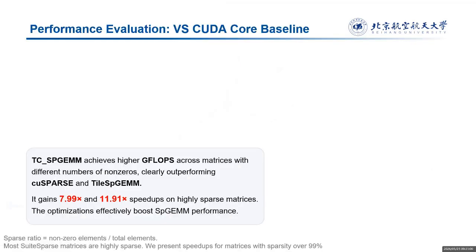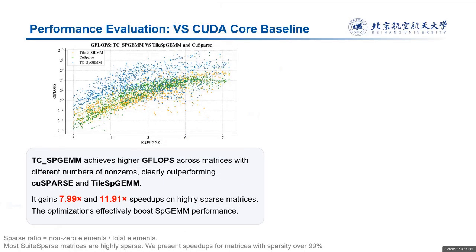First, we compare TC-SpGEMM with CUDA core baselines, including cuSPARSE and TileSpGEMM. From the GFlops results, TC-SpGEMM achieves higher performance across matrices with different numbers of non-zero elements. Overall, it achieves 7.9 times average speedup over cuSPARSE and 11.9 times average speedup over TileSpGEMM.